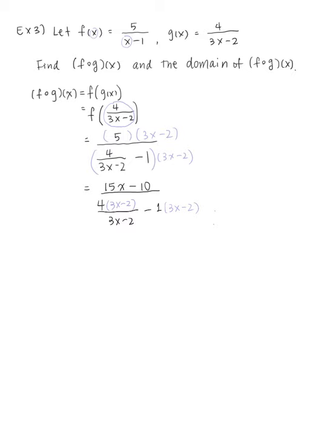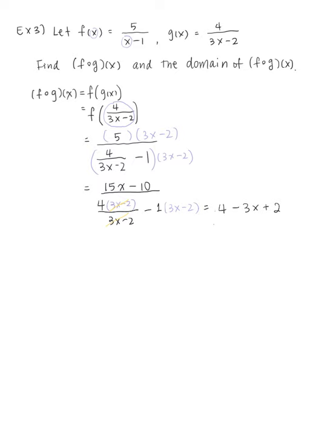So now what can I do? I can cancel the 3x minus 2's. Then you're just going to have 4 minus, and you have to distribute minus 1 to each term, which is 3x minus 2. So you're going to have minus 3x and then plus 2 because you're distributing the negative 1.